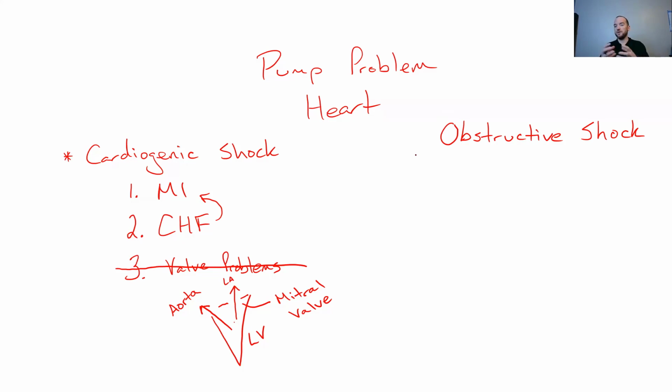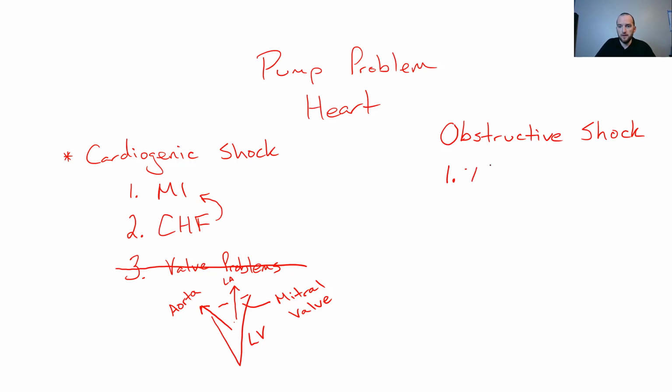The heart itself is fine, just something's blocking it from being able to appropriately circulate blood and oxygen throughout the body. And so again, there's a couple that really fall into this as well. A couple of injury problems.